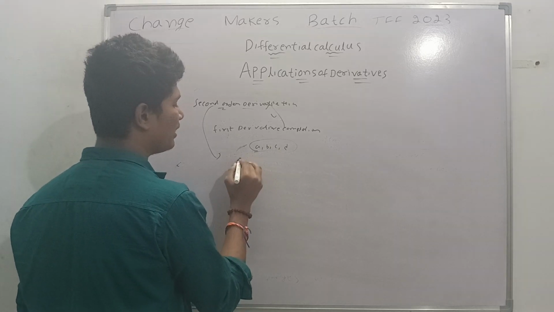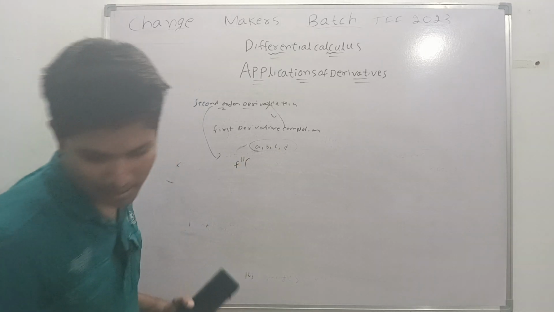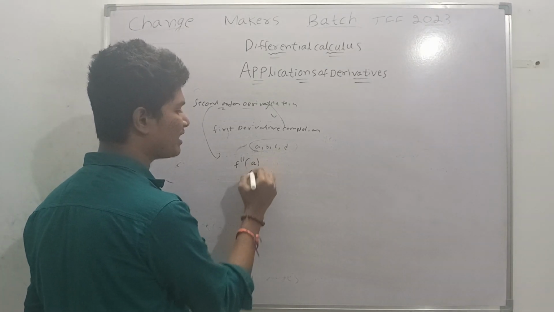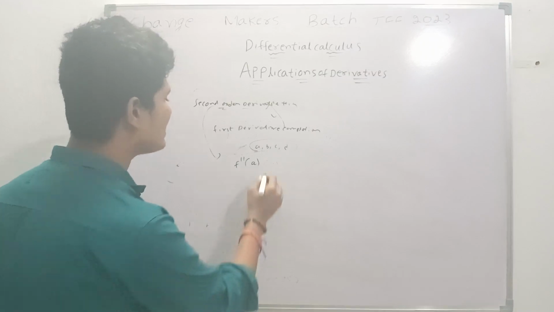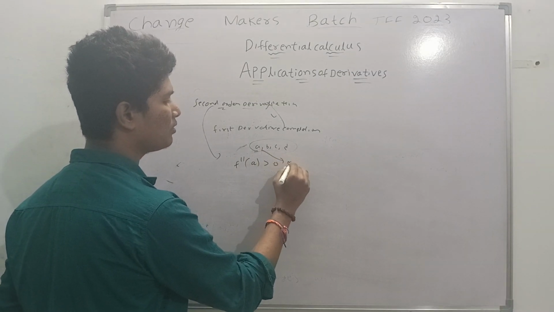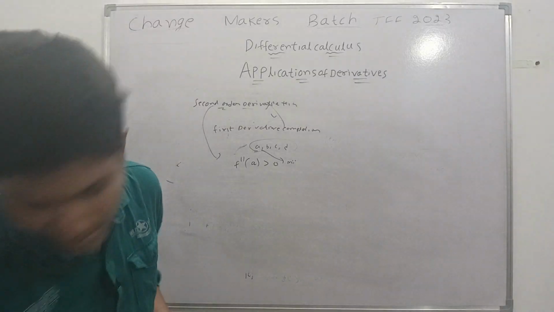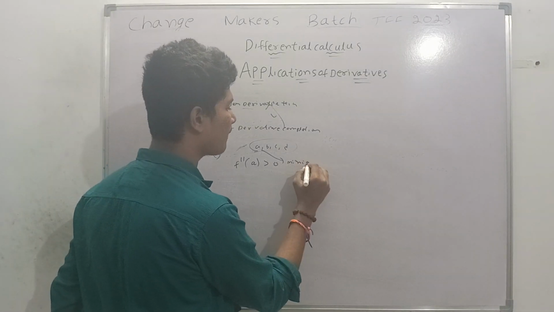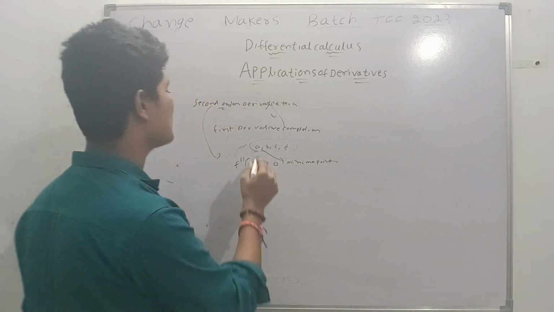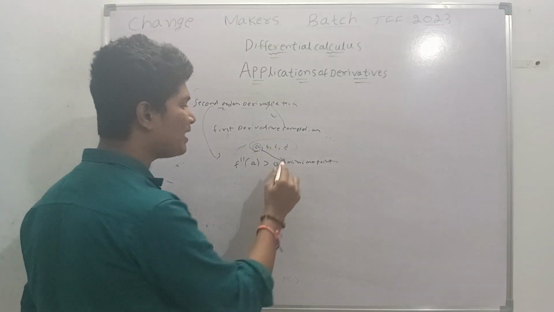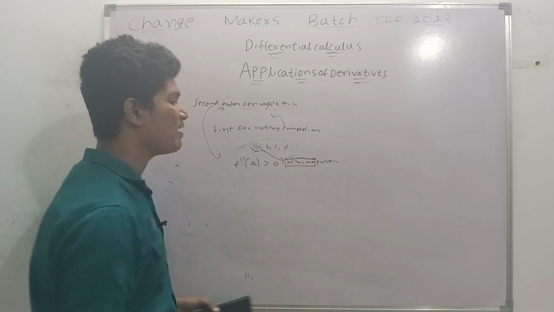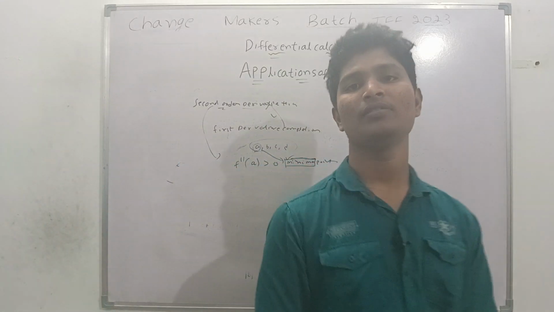If f double dash of a is greater than 0, that is a minima point. So we can infer that at point a you are getting the minima. It is very important, understand?